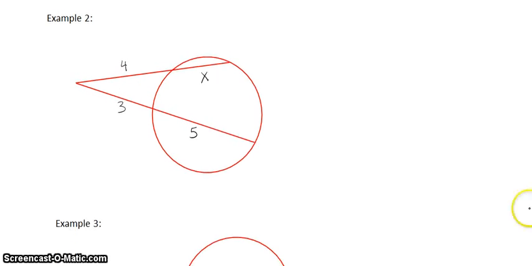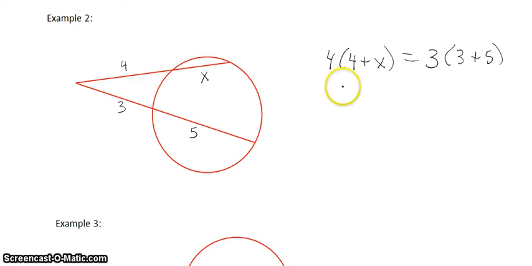Okay, let's look at the next one. We have 4 times (4 plus x) equals 3 times (3 plus 5). So 16 plus 4x, I'm just using the distributive property to get that, equals, and 3 plus 5 is 8.